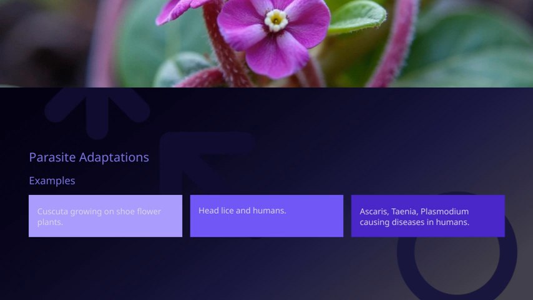It lacks chlorophyll and relies entirely on its host for nutrients, demonstrating how plants have also evolved parasitic strategies to extract resources from their hosts. All these examples underscore the incredible diversity of parasite adaptations across different organisms and hosts, fitting into the larger theme of how parasitism drives evolutionary change and specialization.